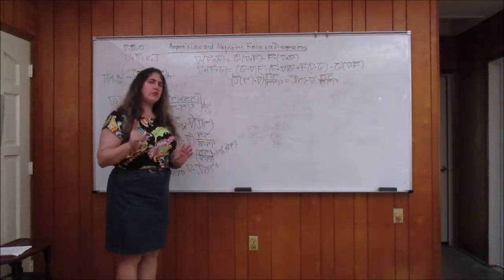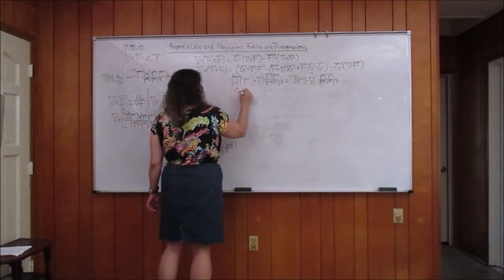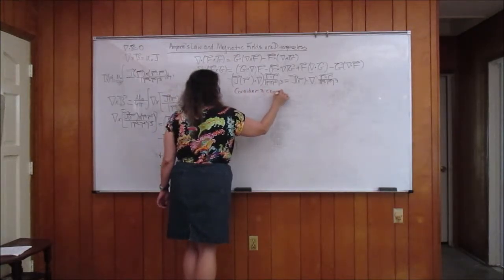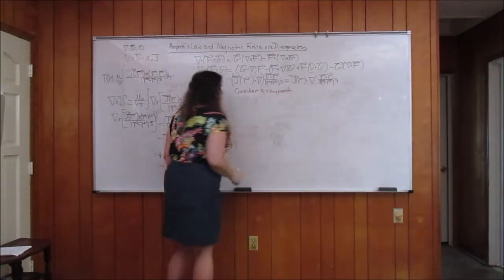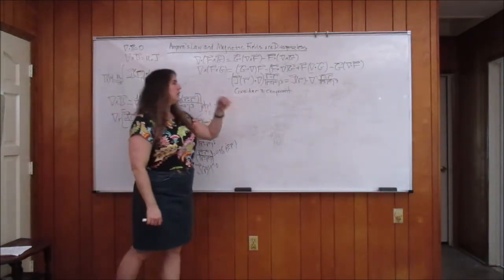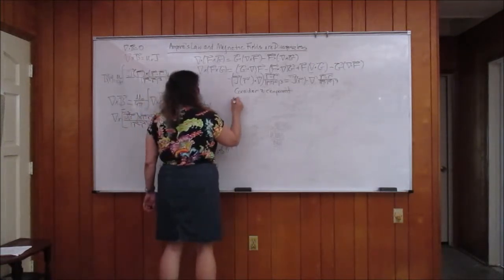I'm going to first consider just one component. In other words, let's just look at the z component. There's nothing special about the z component. What holds for that will hold for the x and y components as well.